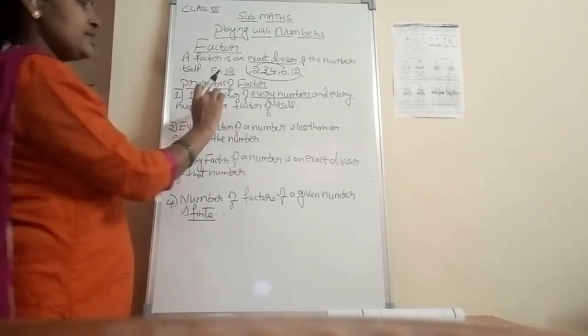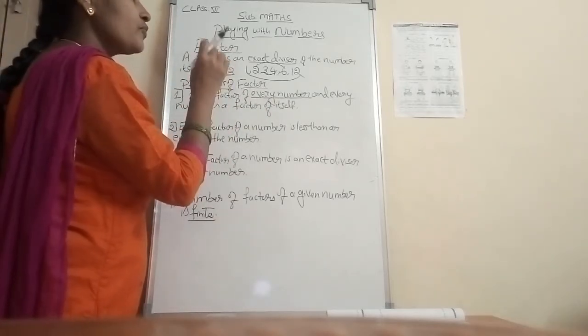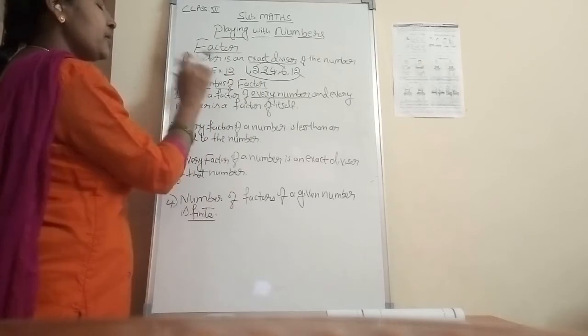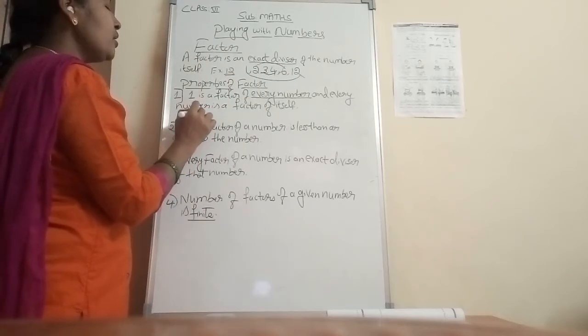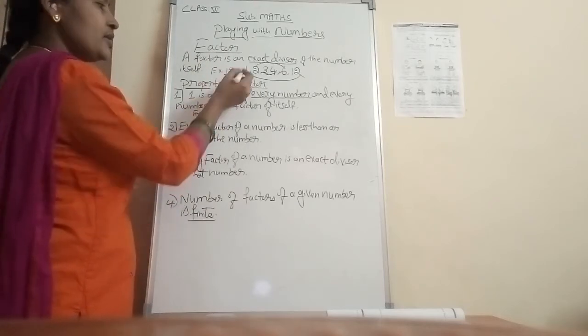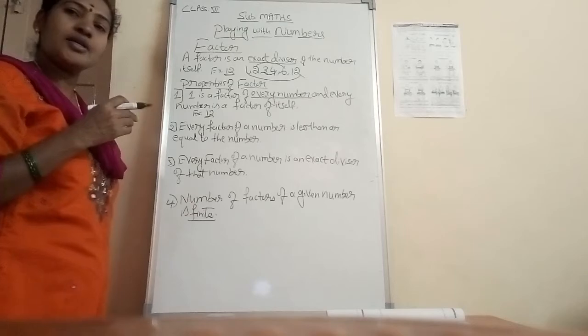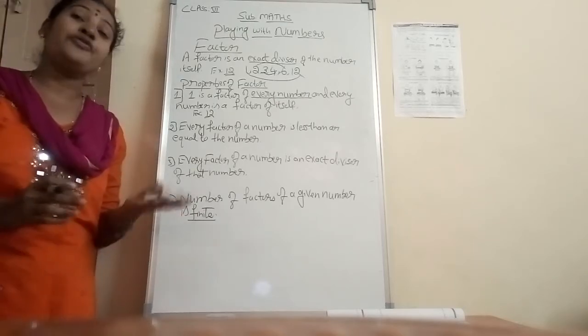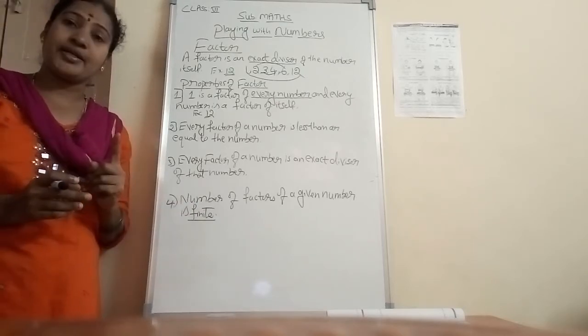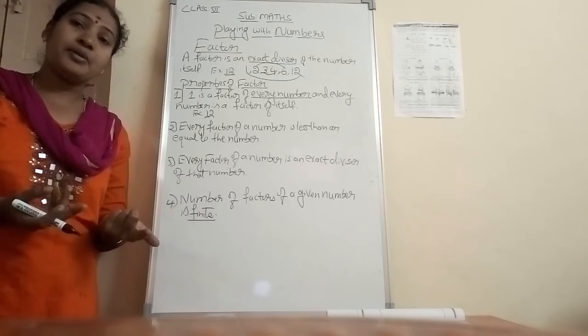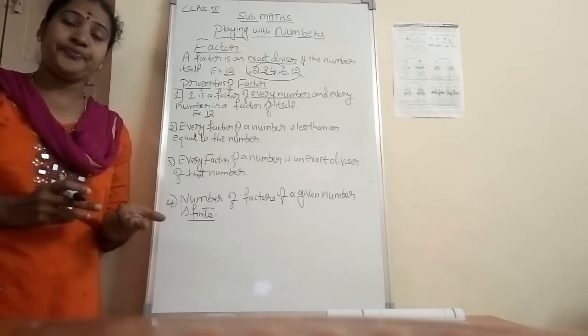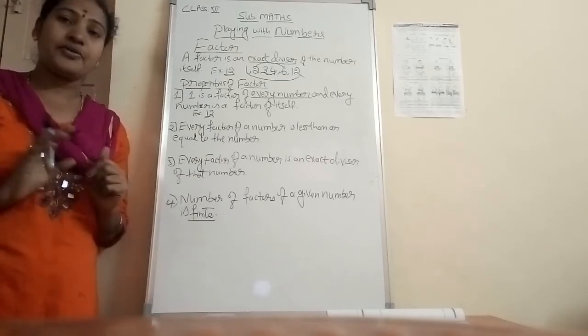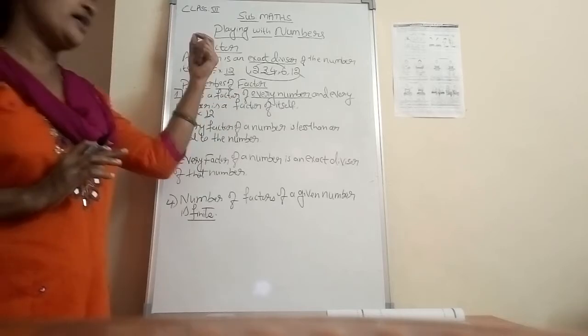So what is the meaning of this sentence? 1 is a factor of every number. For example, let me consider 12 only. 1 is a factor. 1 is a common factor, whatever number you consider. For example, 55. For 55 also, 1 is a factor. 55 is divisible by 1. So 1 is a common factor. So 1 is a factor of every number.